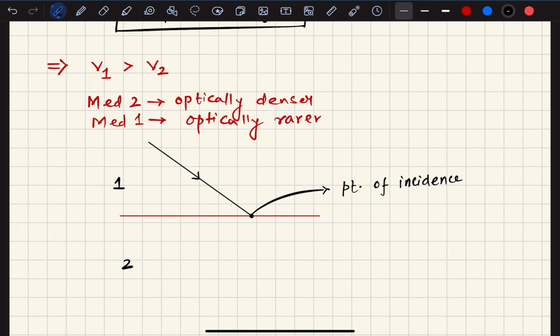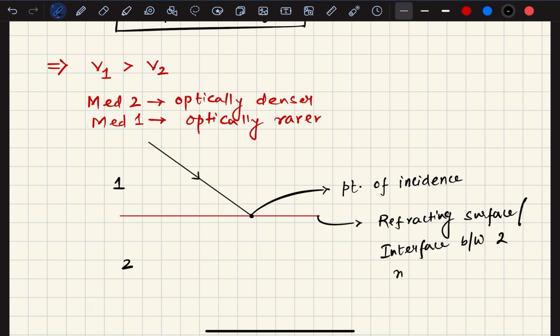Wherever there is point of incidence, we have to draw a normal, and the normal will always be at 90 degree with the refracting surface, or interface between two medium. So now what I am going to do, I am going to draw a normal.